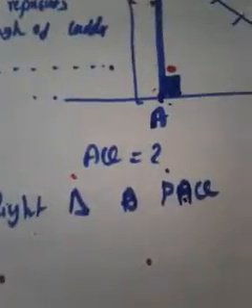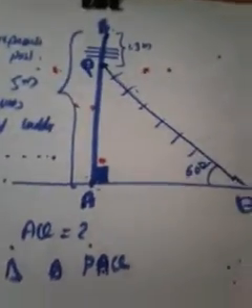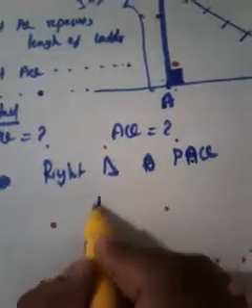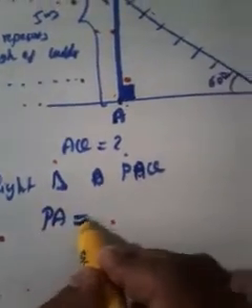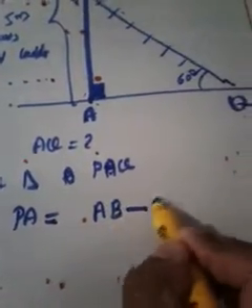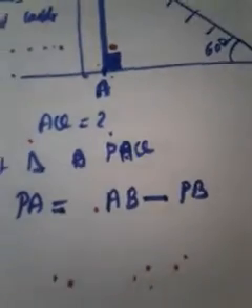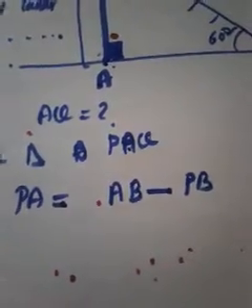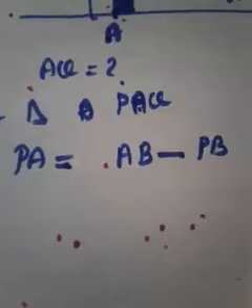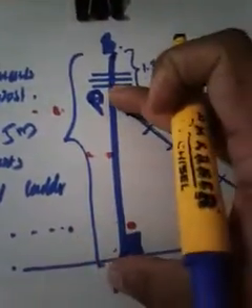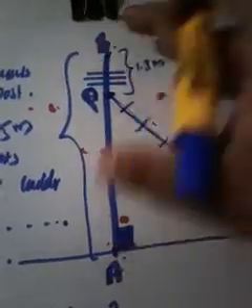So in right triangle PAQ, what is PA? From the figure it is very clear that PA is equal to AB minus PB.